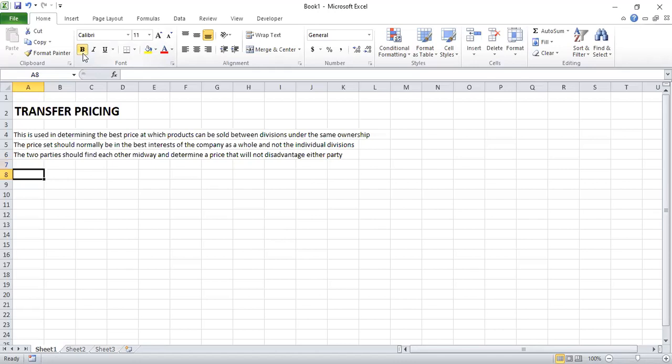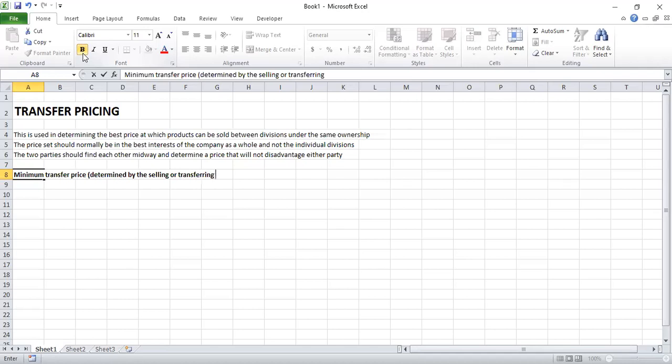Right, we've got two prices that we need to determine to find the best price. We've got what we call the minimum transfer price. This is determined by the selling or transferring division, the division which is transferring the goods.